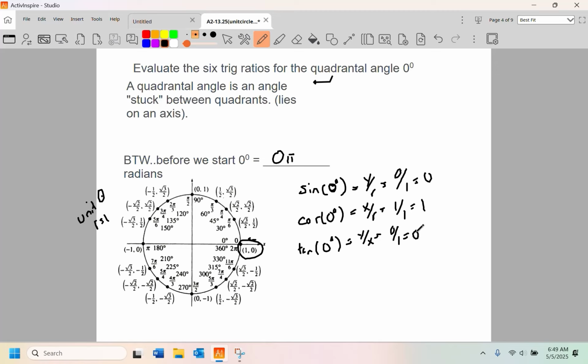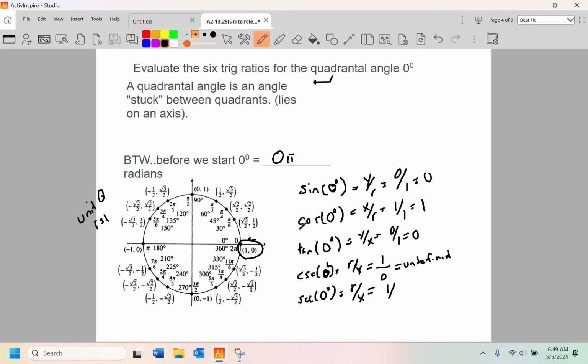And it gets kind of interesting when we talk about the reciprocals. The cosecant of this would be r over y. The radius is 1, the y-coordinate is 0, and we get undefined. Some kids forget about the whole 0. Secant is going to be r over x.